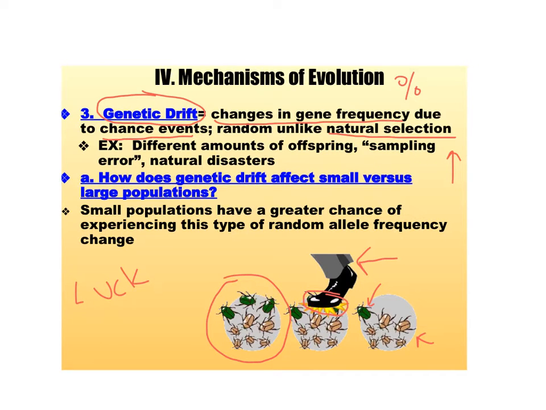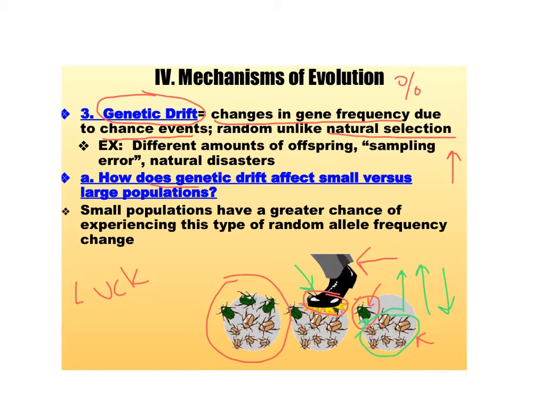So the frequency of the green allele, just by bad luck of getting stepped on, went way down, and the frequency of the tan allele went up, because there's the same number of tan beetles but fewer green beetles. The tan allele went up just by being lucky. And that's what genetic drift is.